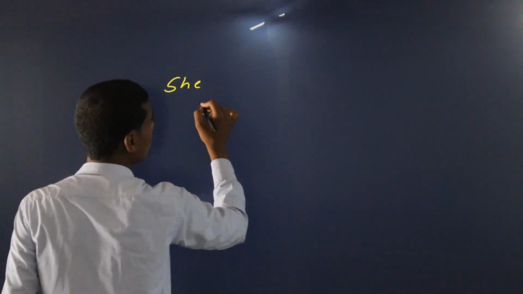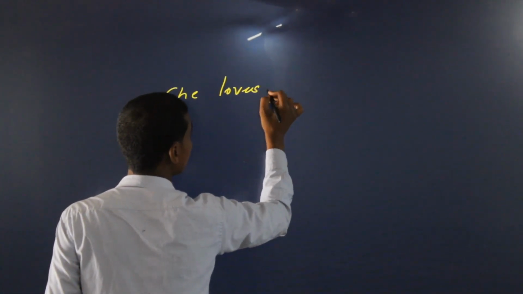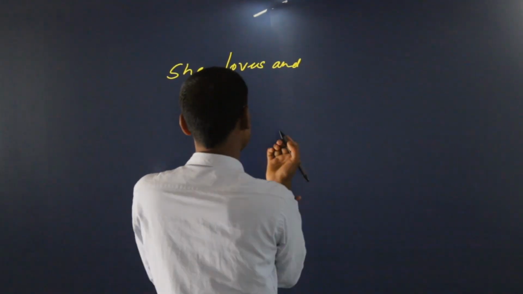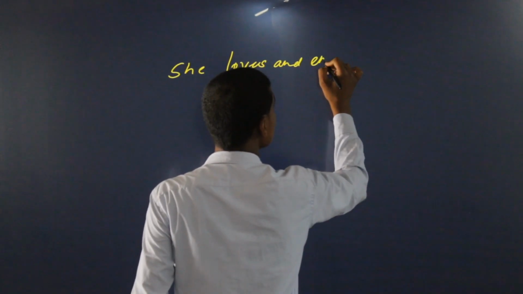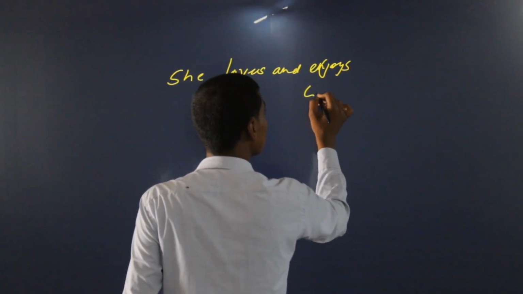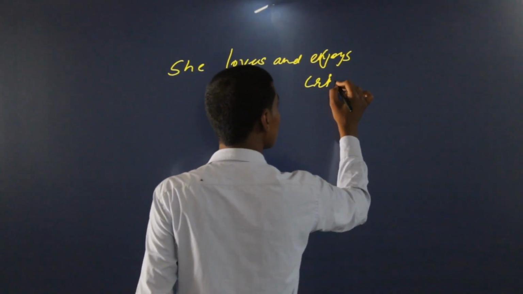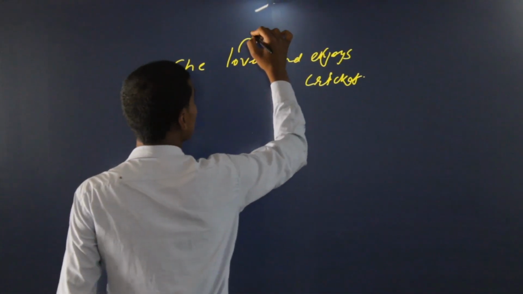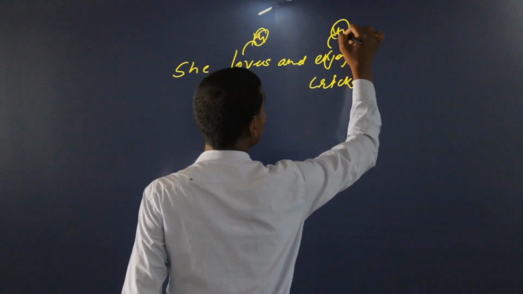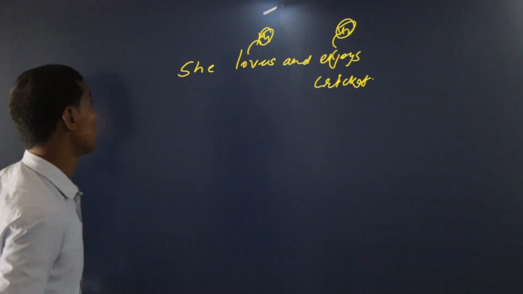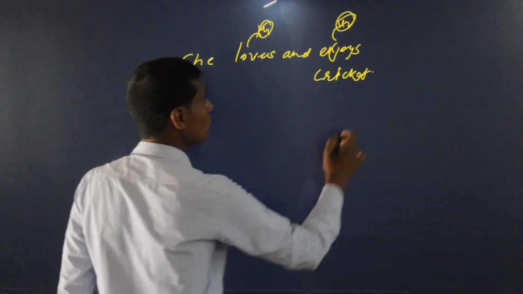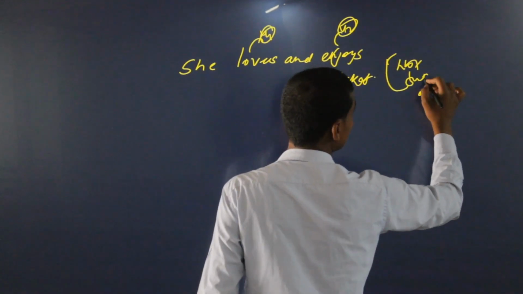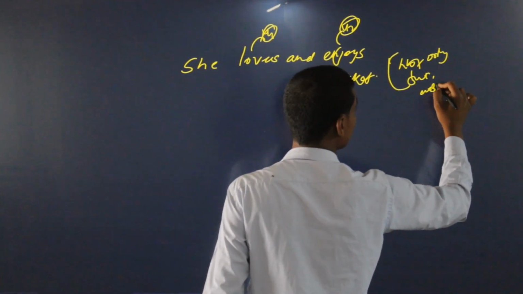She loves and enjoys cricket. Now we can see that we have two verbs, verb 1, verb 2 over here. Now what we are going to do is we are going to use not only but also.